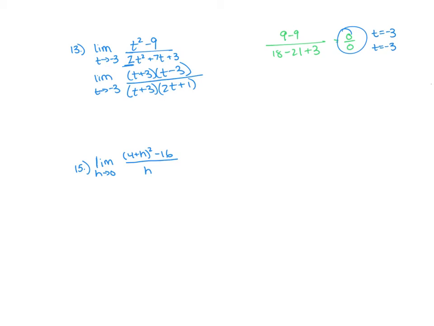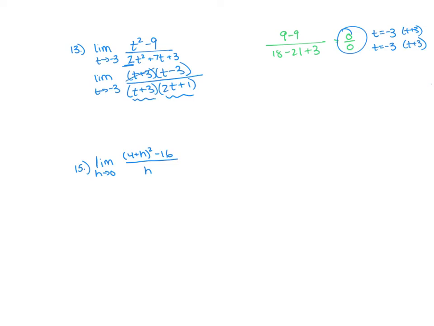That means that t plus 3 is a factor of the top and the bottom. So that helped me a little bit. I was able to say, well, I know that t plus 3 is one of the factors, and that helped me try to figure out what the other factor had to be. So just a little shortcut if you're struggling a little bit with the factoring.